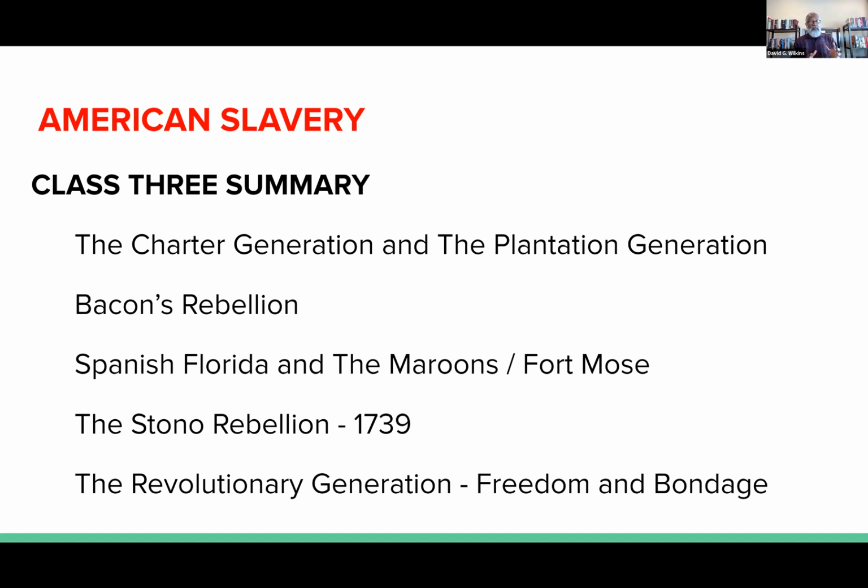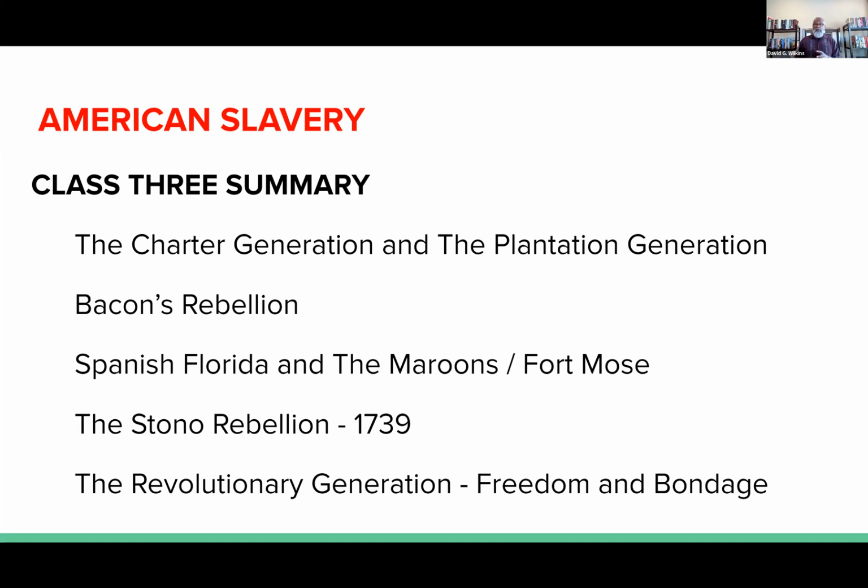Again, that charter generation, that first generation of the Atlantic Creoles, primarily, some of whom traveled with the conquistadors, others simply finding their way to this new world as ultimately enslaved men and women.